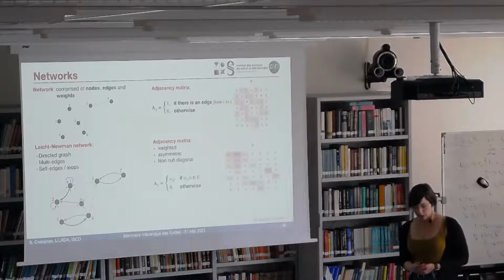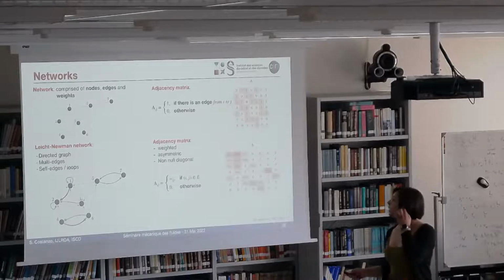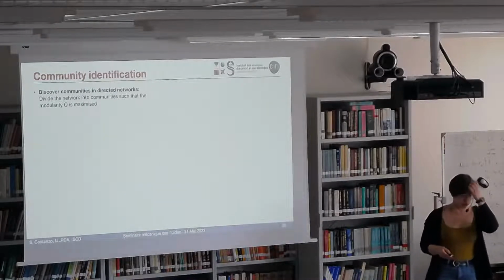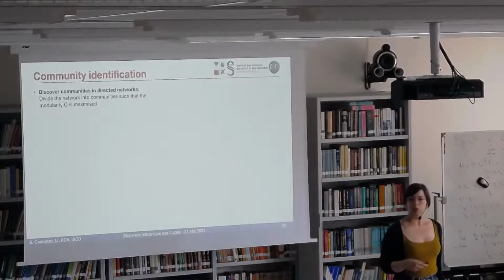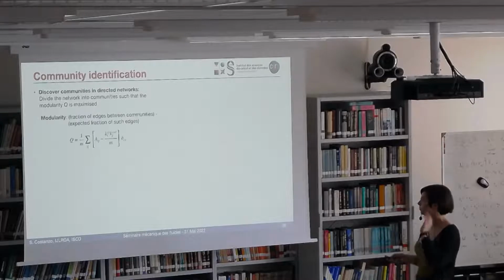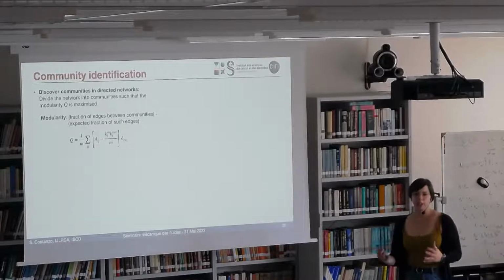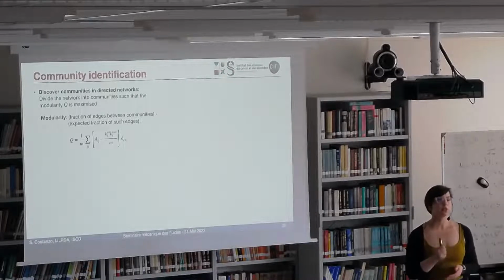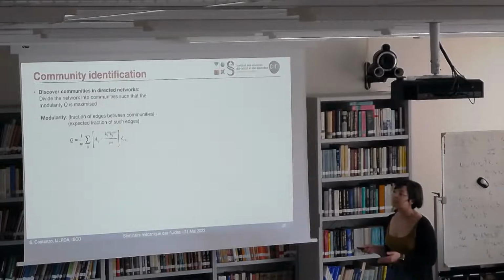So once we have the adjacency matrix, we can feed it to the Leicht-Newman algorithm to discover communities. So we want to maximize the modularity. The modularity is a quantity which was introduced by Newman, which is the fraction of edges that we actually have in communities minus the fraction that we expect to have statistically.